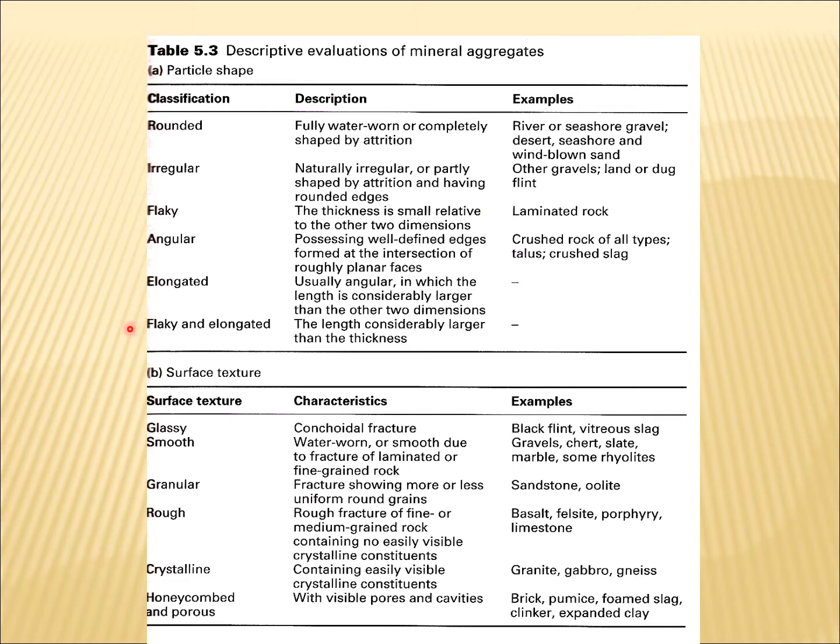So these are the different shapes, and you can see the description is given and then examples are mentioned. If you look at the second part, part B, surface texture, you can see glossy, smooth, granular, rough, crystalline, honeycombed, and porous. So these are the different surface textures which have been discussed in this table.